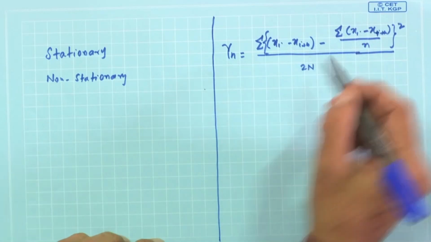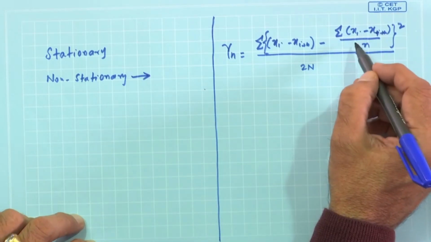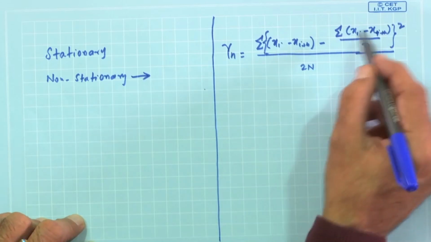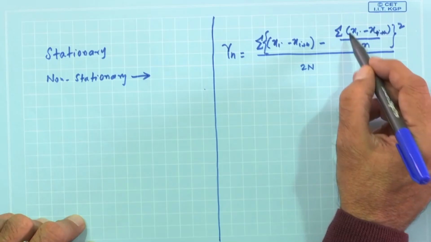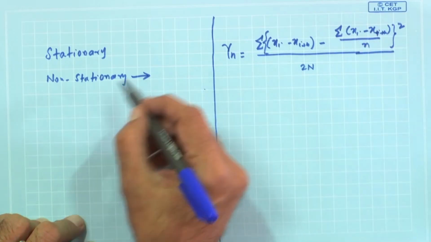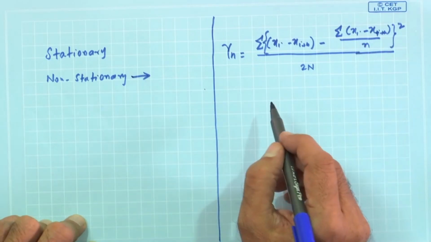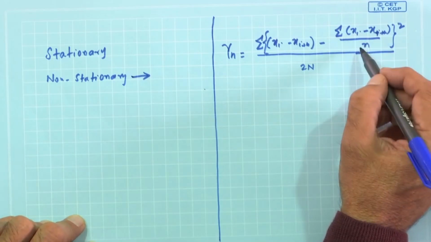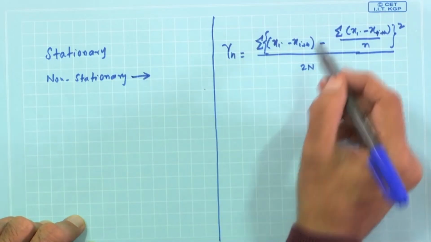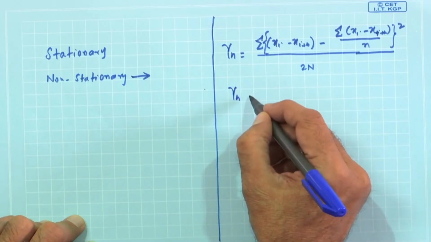So, if it happens to be a non-stationary regionalized variable, then this value is not going to be the same, and it will not, because this will have a significant value if the variable is non-stationary. If the variable is stationary, where the mean computed at each point is the same, then this will reduce to 0, and this formula will reduce to the earlier formula which we derived, or we just stated.